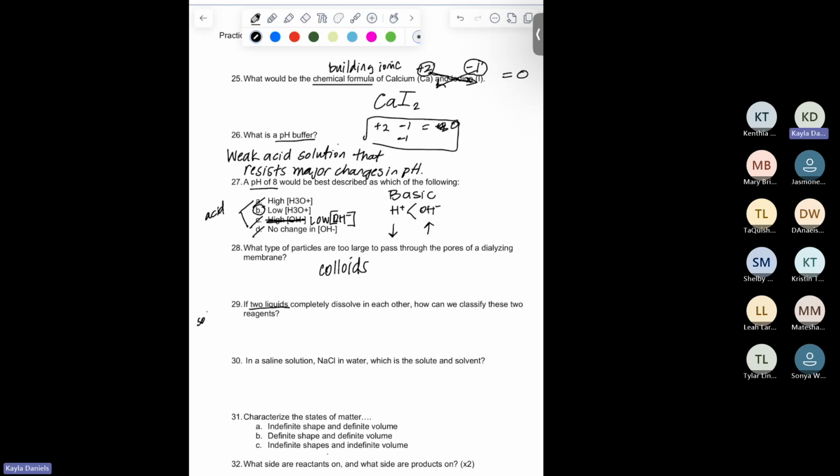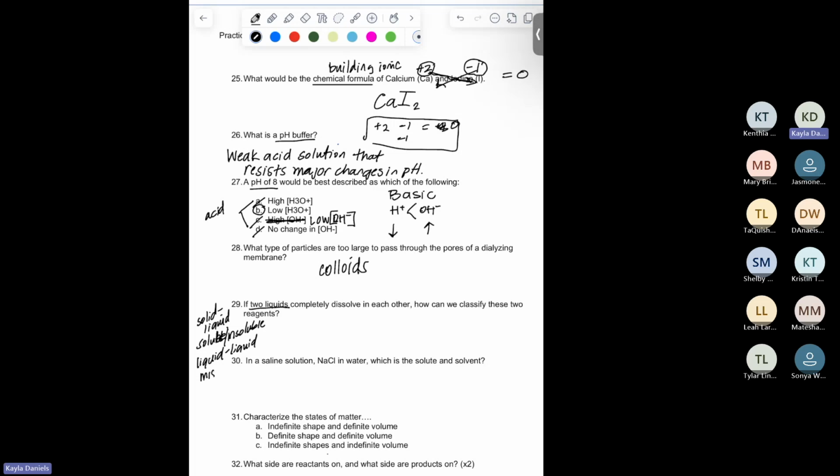If we had a solid-liquid solution, we would use the terms soluble, insoluble. For liquid-liquid, it's miscible, immiscible.